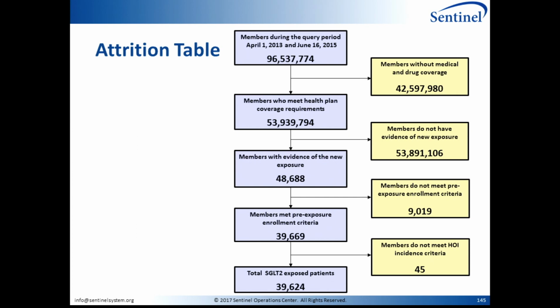And then we further look to say that they haven't had that DKA event. The point is that this is the way, in any typical cohort criteria plan, you're narrowing down your patient population. And why is this important? Because this gets to your sample size, your ability to go on and do further study, depending on how many criteria you're going to require to actually look at these folks.